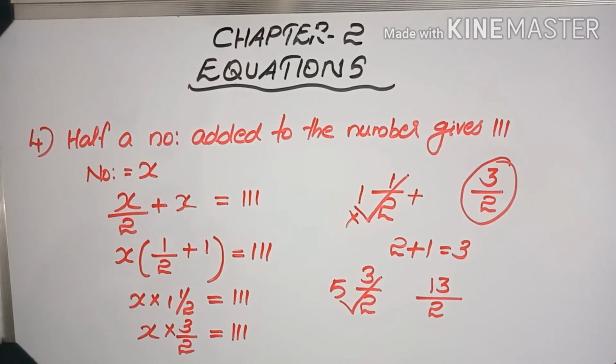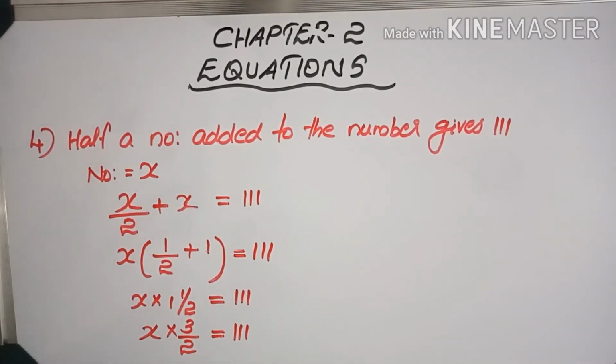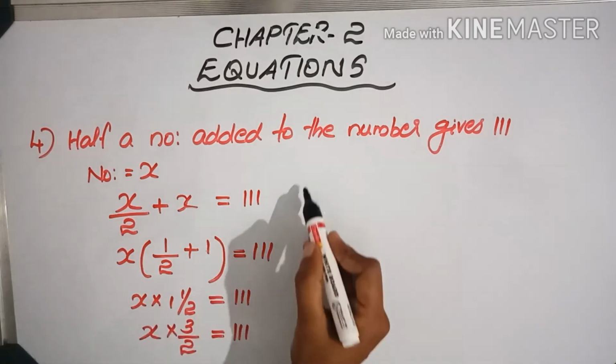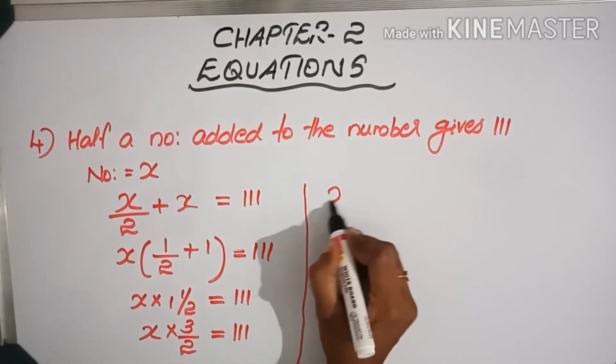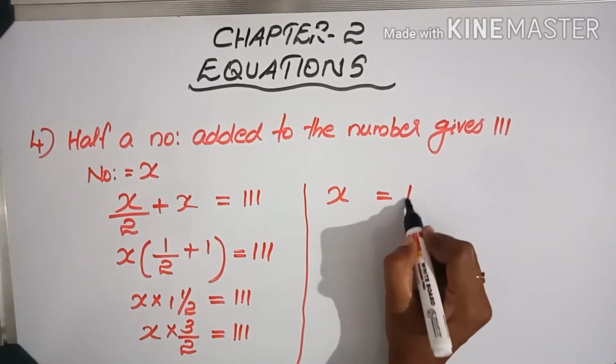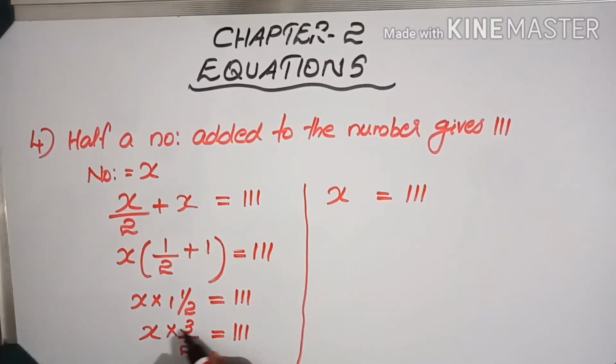Now from this we have to find x. So in the next step we need to change the position of 3 by 2 to this side. We need only x here. So let's write x here. X equal to 111, now into 3.